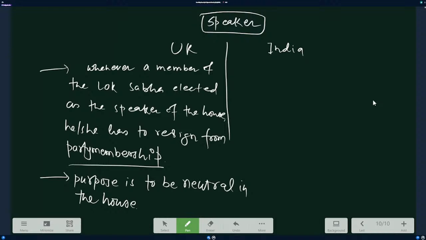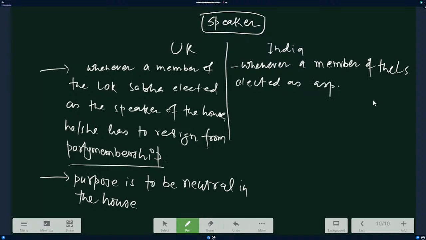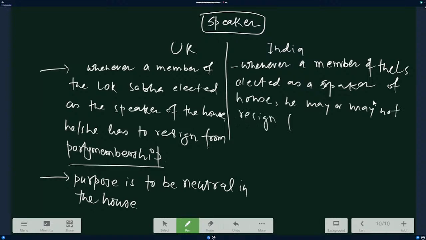He should be neutral. Now, in India, whenever a member of the Lok Sabha is elected as Speaker of the House, he may or may not resign from the party membership.